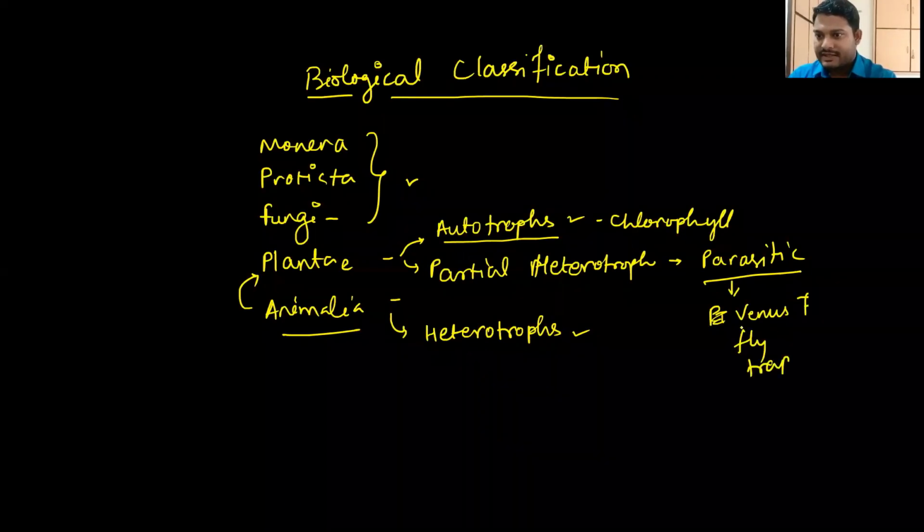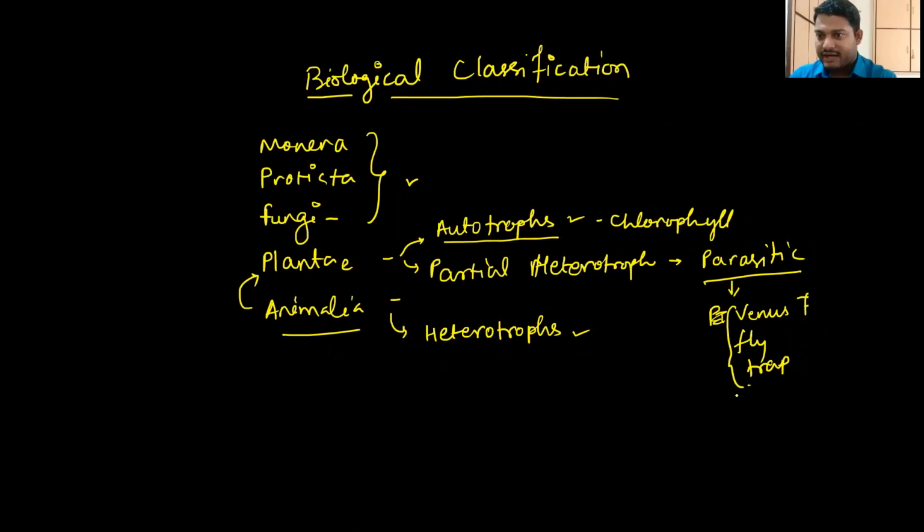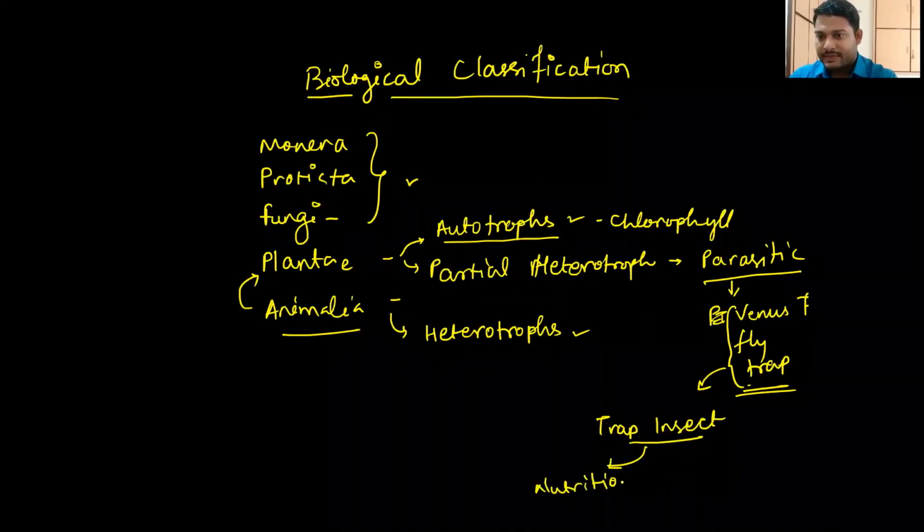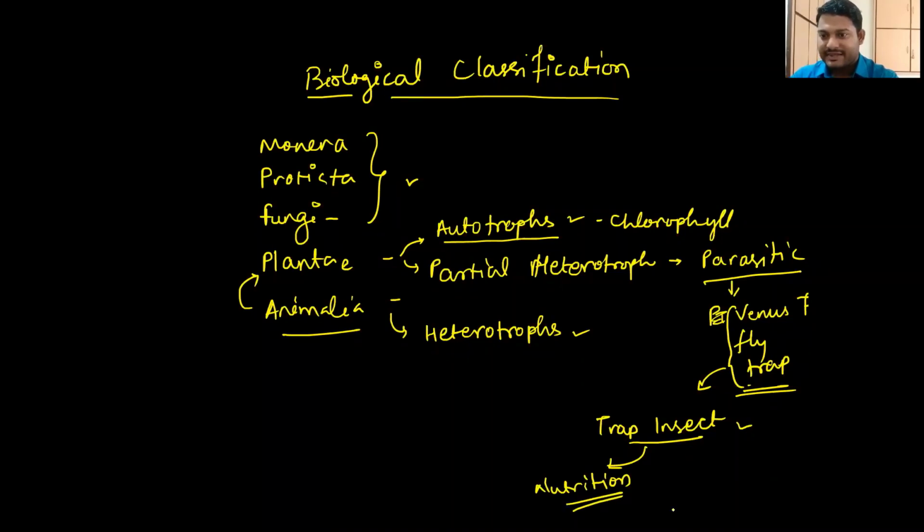In the Venus fly trap, the plant is going to get partial nutrition from insects. They trap the insect, and then they derive a particular type of nutrition out of these trapped insects.